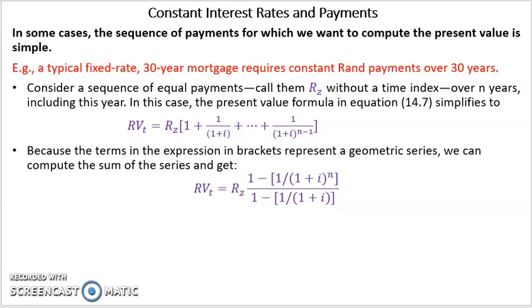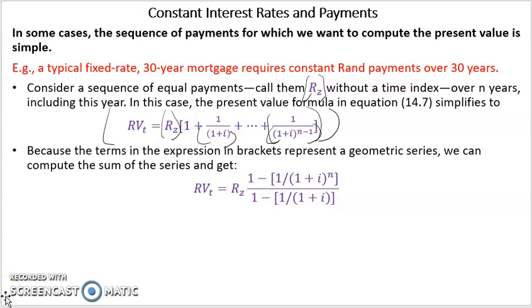Consider a sequence of equal payments, which we call R, without a time index, over n years, including this year. In this case, the present value formula is given by this equation, which shows the constant payment as well as the discount factors over the years.